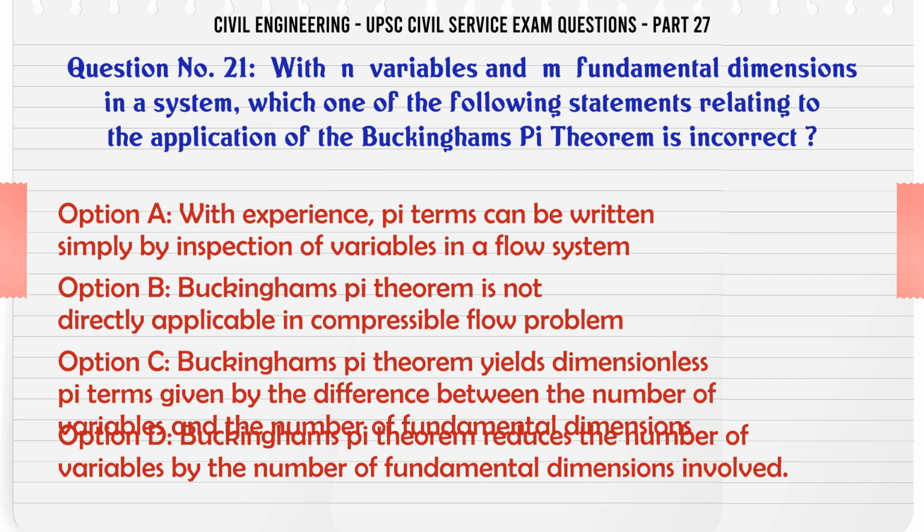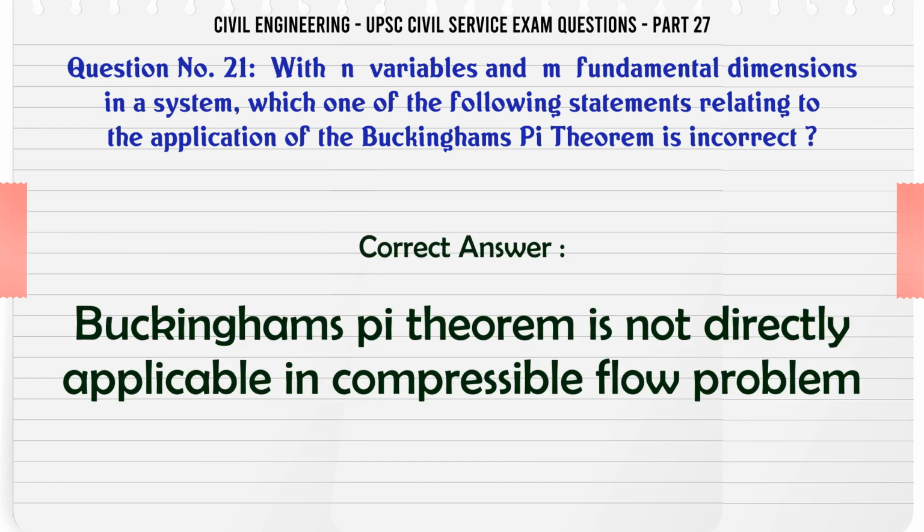C. Buckingham's Pi theorem yields dimensionless pi terms given by the difference between the number of variables and the number of fundamental dimensions. D. Buckingham's Pi theorem reduces the number of variables by the number of fundamental dimensions involved. The correct answer is Buckingham's Pi theorem is not directly applicable in compressible flow problem.